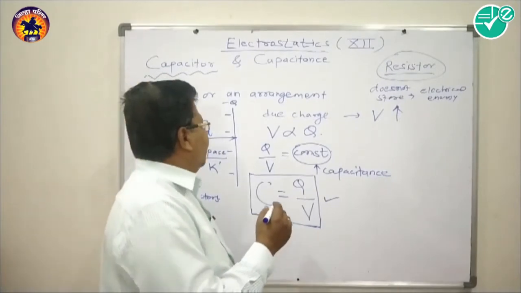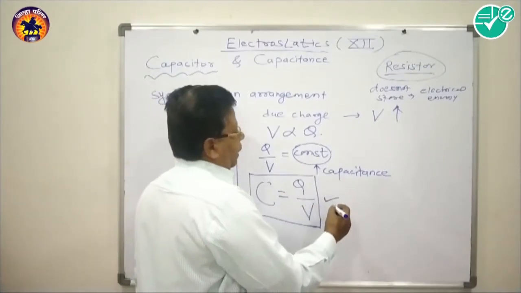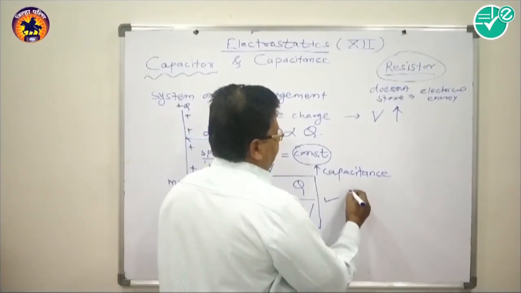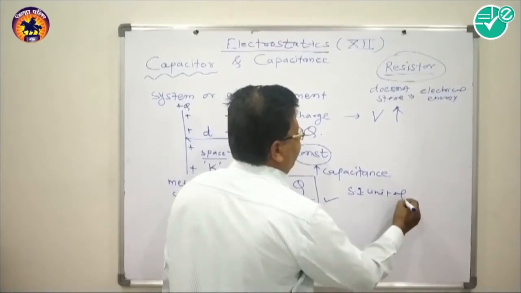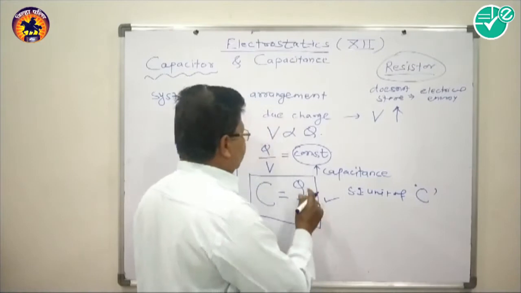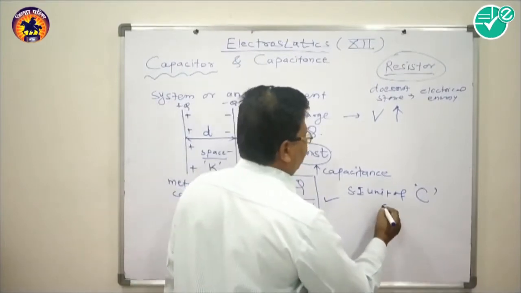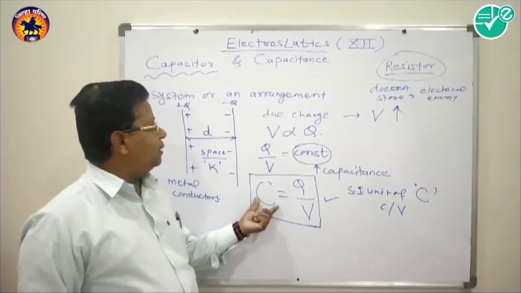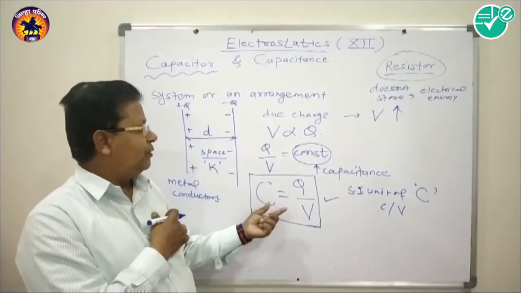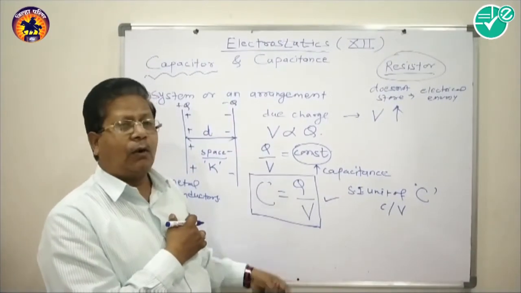And from this expression, the SI unit of capacitance is Coulomb per volt. So this is one of the units of capacitance of the capacitor, which is Coulomb per volt.